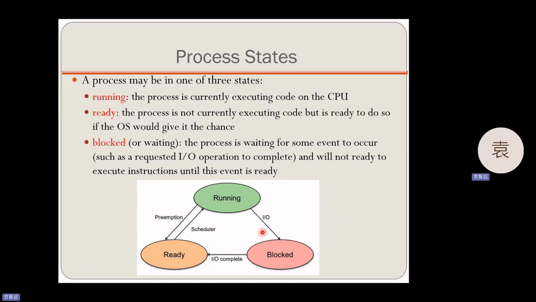A process during its life cycle, in general, cycles through three different states. Running usually means the process is currently executing its instructions on the CPU. Ready means its instructions can be executed by the CPU, but currently the CPU is serving another process's instructions.